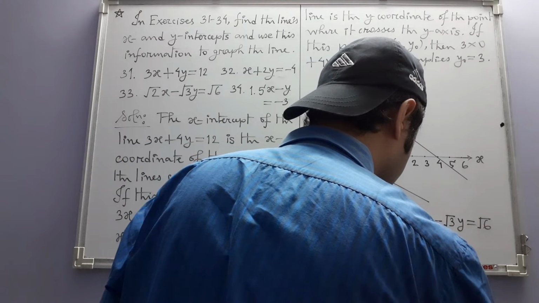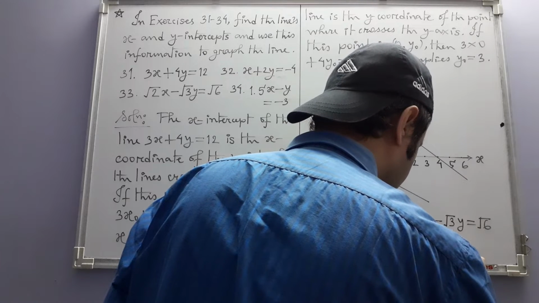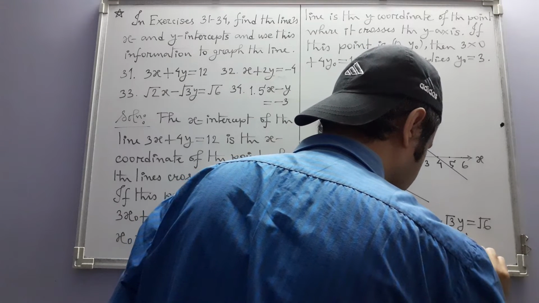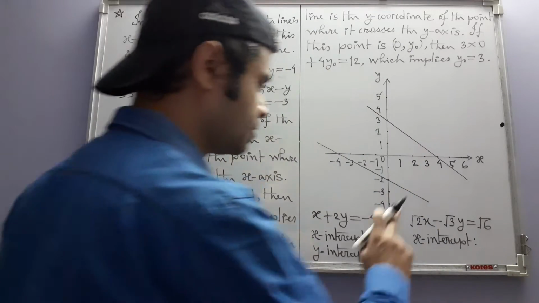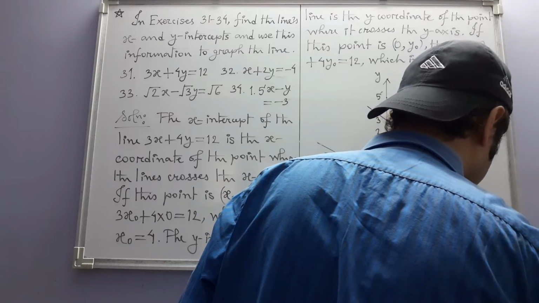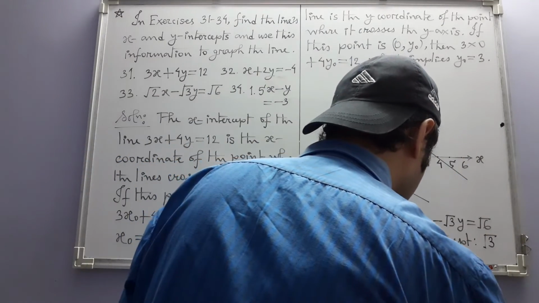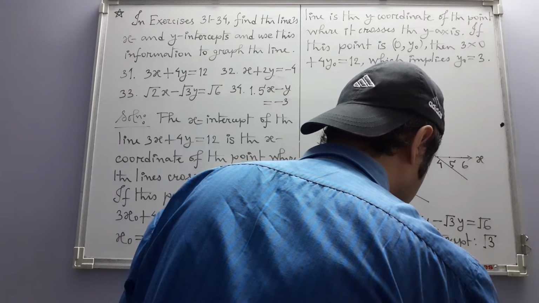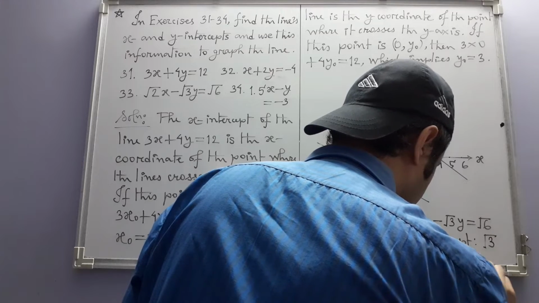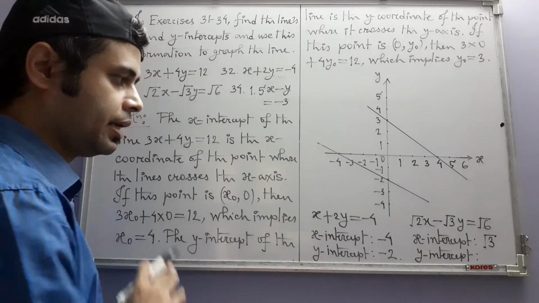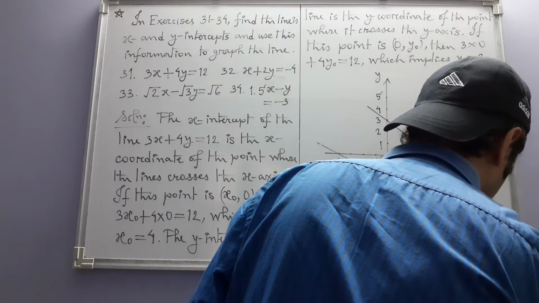For this line, the x-intercept: you put y equal to 0, and the x-intercept has to be square root of 3, and putting x equal to 0, the y-intercept has to be minus square root of 2.